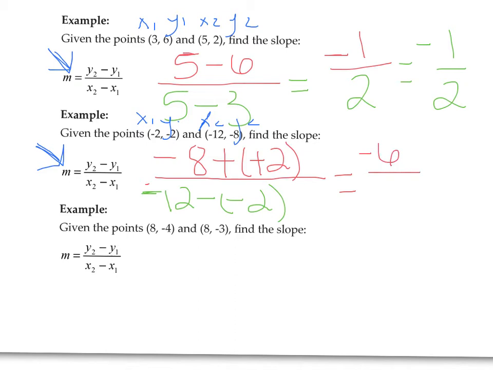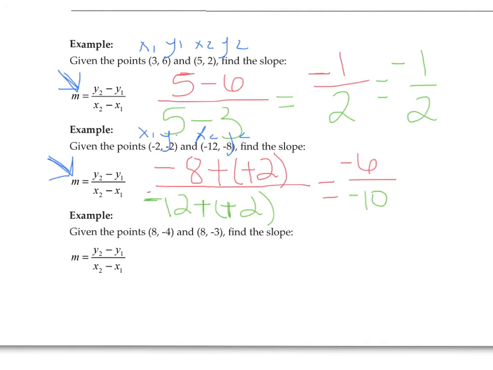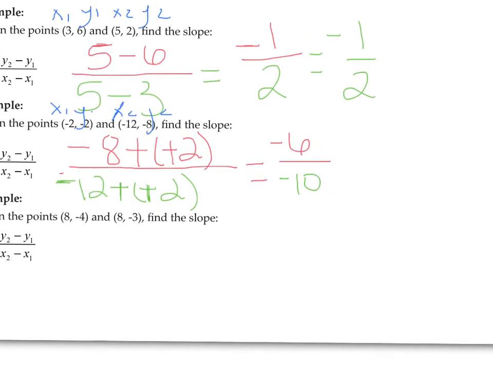In the denominator, we end up with -12 plus 2, which is -10. When we simplify that, the two negatives in the numerator and the denominator will cancel each other. Negative divided by negative makes positive, and we're going to simplify this fraction by reducing it. They're both divisible by 2, so we get a slope of 3/5.